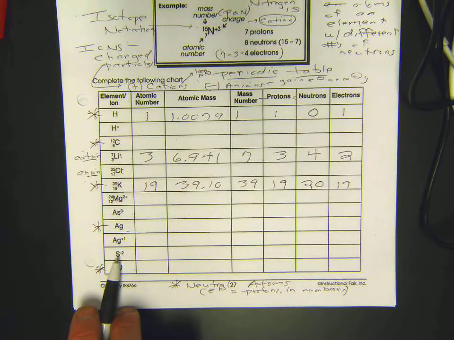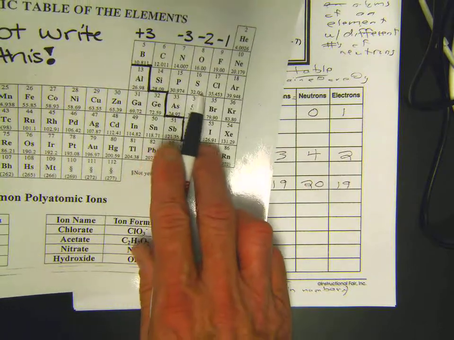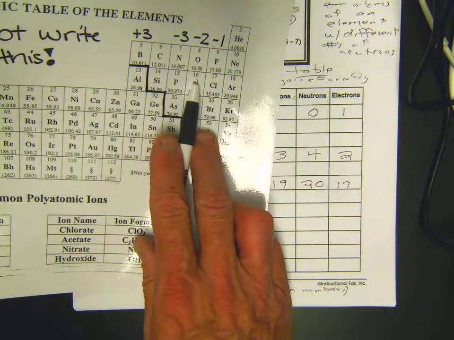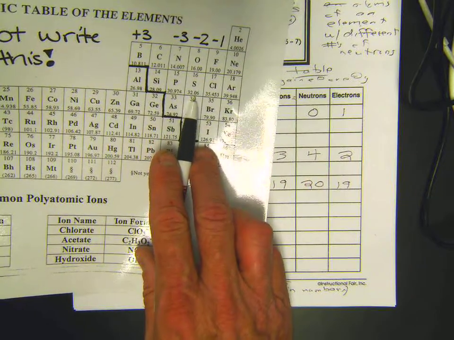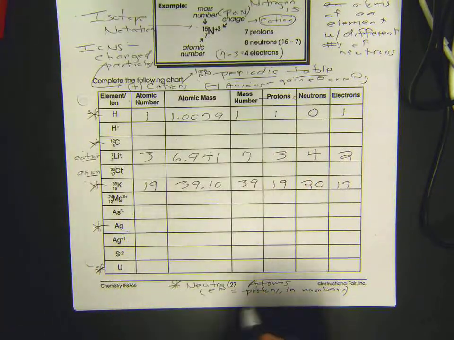For sulfur, I'm just given the elemental symbol. I have to actually go get the atomic number and the mass number. I'm not given that on the table. So if I look at my table, there's sulfur, there's the atomic number at 16, and the mass number is 32.06.